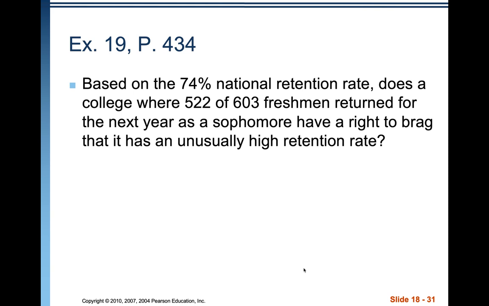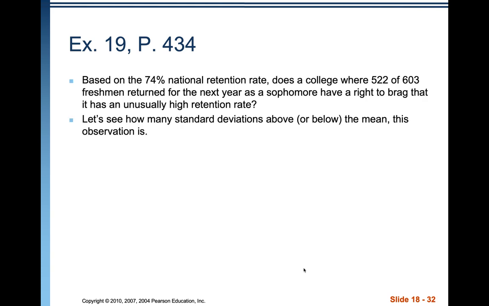Based on the 74% national retention rate, does a college where 522 of 603 freshmen returned for the next year as a sophomore have a right to brag that it has an unusually high retention rate? Let's see how many standard deviations above or below the mean this observation is. That gives us a feeling for how likely or unlikely it is.